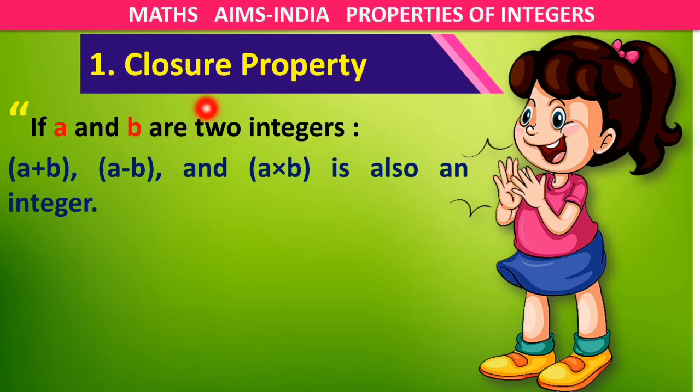This is called closure property. When we use 2 integers, the result should also be an integer. In the same way, when we use 2 whole numbers, the result should also be a whole number. When it satisfies this condition, then the integers or whole numbers are said to be following the closure property.